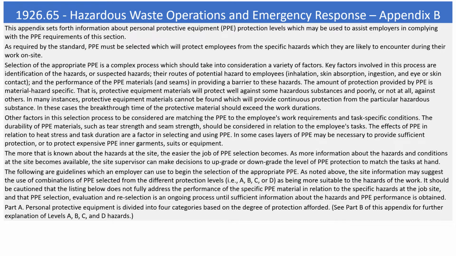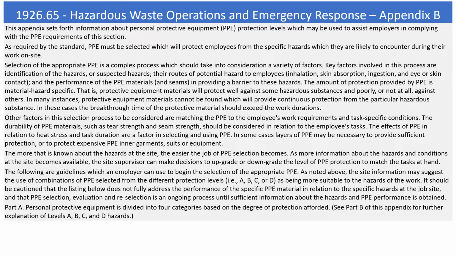The following are guidelines which an employer can use to begin the selection of the appropriate PPE. As noted above, the site information may suggest the use of combinations of PPE selected from the different protection levels, i.e., A, B, C, or D, as being more suitable to the hazards of the work.